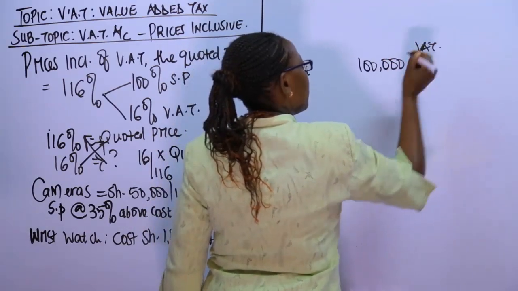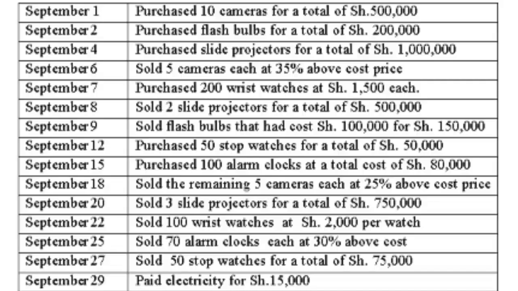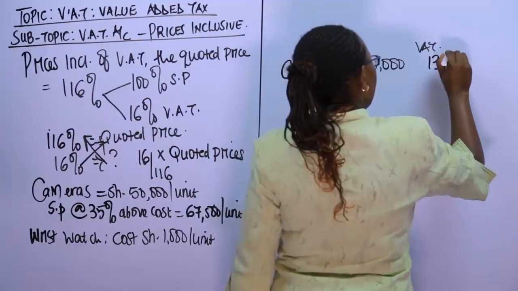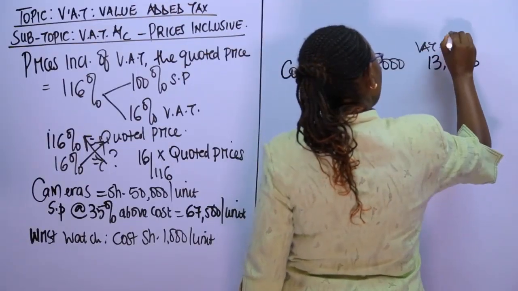The attributable VAT is 16 over 116 times 100,000, since the cost is inclusive. That is 13,793.